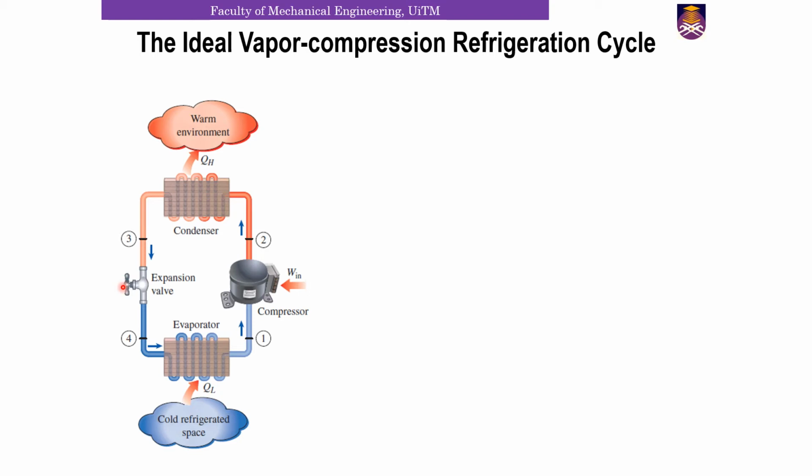Right? So the reverse Carnot cycle, why we call it a reverse Carnot cycle is because if you look at the direction on the TS diagram, it is counterclockwise, right? So here we are doing the ideal vapor compression refrigeration cycle. As I've explained to you, we have replaced the turbine in the ideal reverse Carnot cycle with an expansion valve.